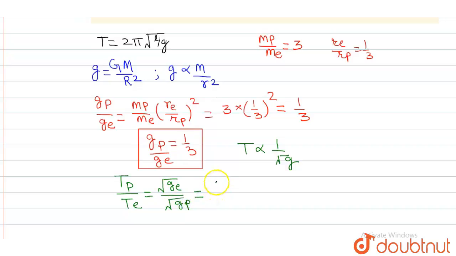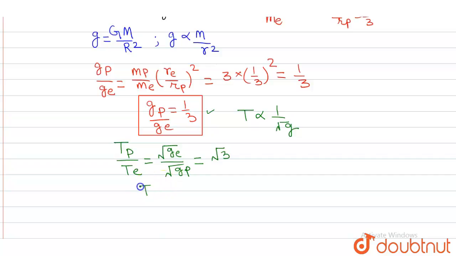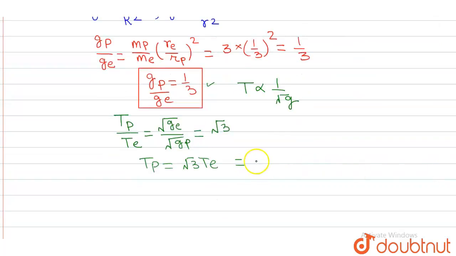So it becomes root of 3 times from here. So the time period at that planet is root 3 times the time period at the earth, and the time period at the earth is given in the question as 2 seconds. So the time period at that planet for the pendulum is going to be 2 root 3 seconds. So 2 root 3 seconds is our correct answer.